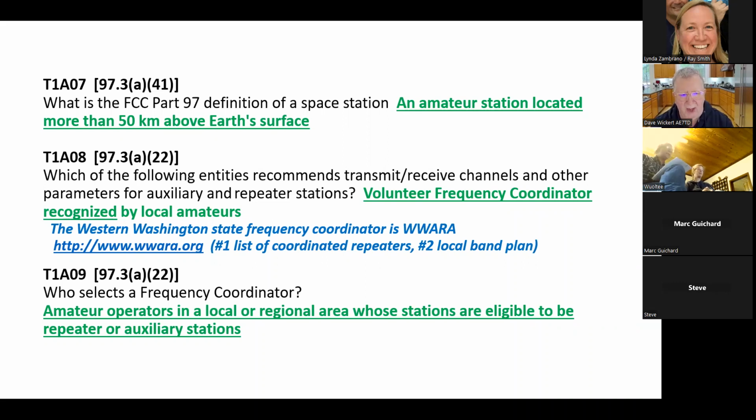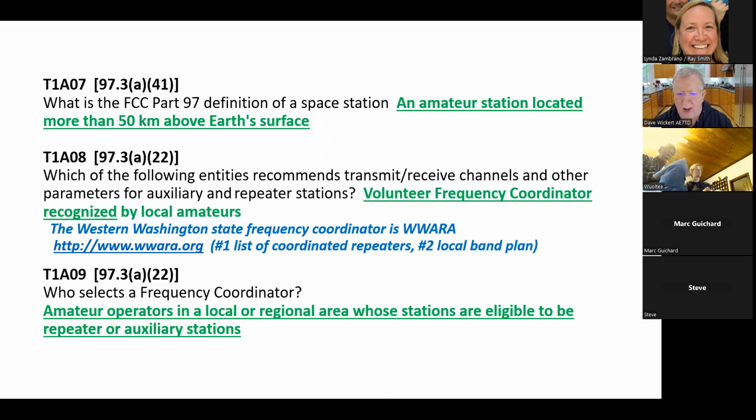Which of the following entities recommends transmit and receive channels and other parameters for repeaters? In amateur radio, every major geographical area will have what's called a frequency coordinator. A frequency coordinator is responsible for making sure that two repeaters are not interfering with each other because they're located too close together.